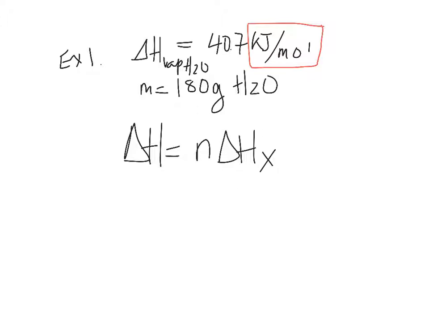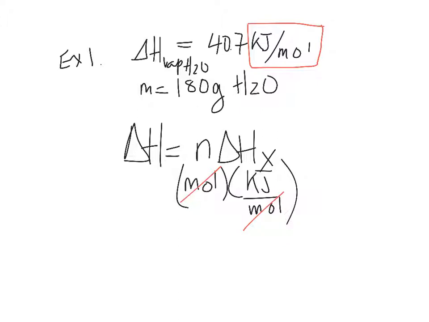So what is the unit on delta H? Kilojoules. So, molar enthalpy is always kilojoules per mole. Enthalpy change is always kilojoules.